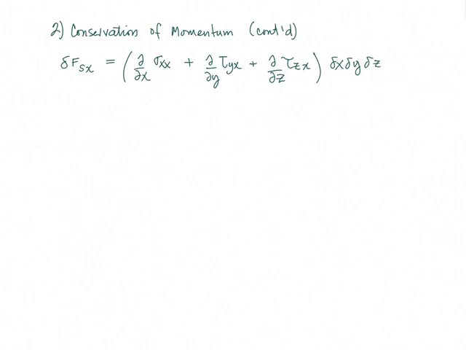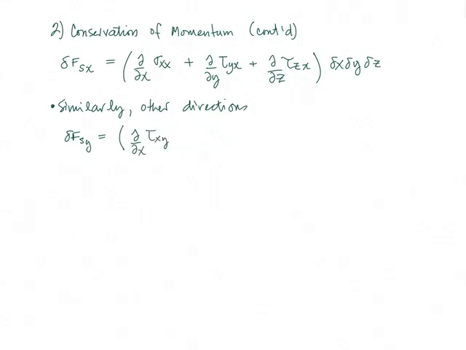Similarly, we can do in the other directions. So we get the surface force in the y direction is going to be equal to ddx of tau xy plus dy of sigma yy, the normal stress in the y direction, plus dz of tau zy, and multiplied again by the volume dx, dy, dz.